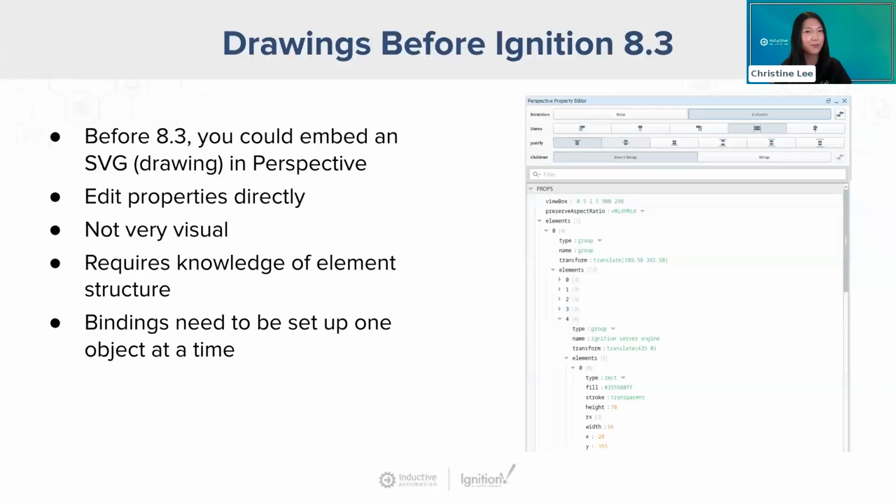So let's get into drawings. Before Ignition 8.3, as of Ignition version 8.0, users could upload and embed SVG files, which the designer calls drawings, into Perspective. If you wanted to edit that drawing, you could use the property editor to browse the element structure, modifying shapes and creating bindings as needed.